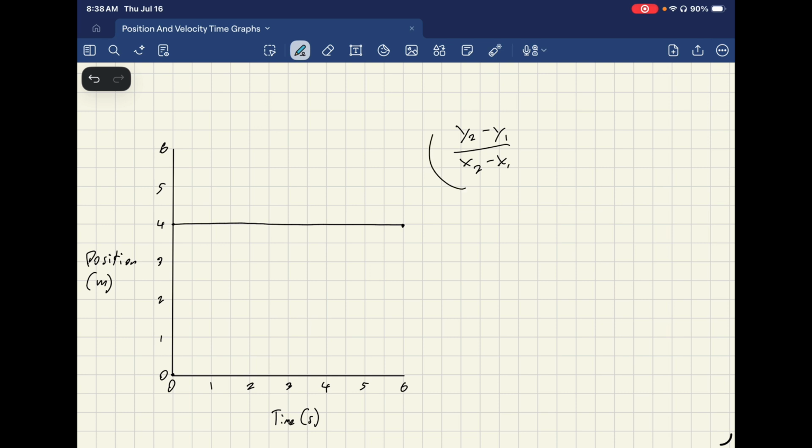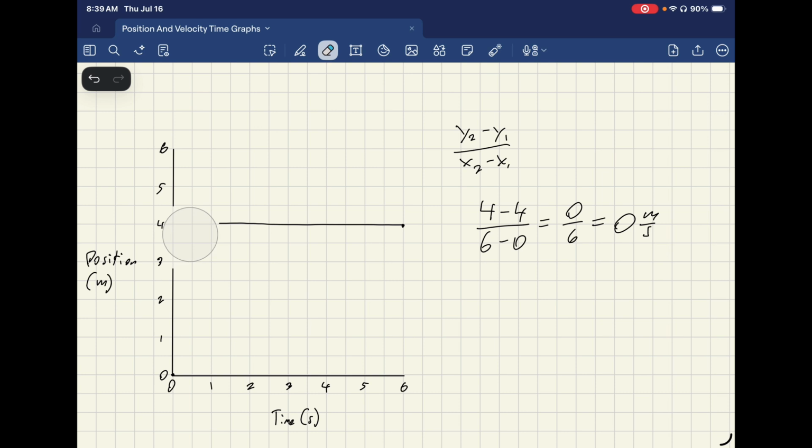In this case, using this equation yields 4 minus 4, which is just 0, over 6. And so the velocity is 0 meters per second. In other words, it doesn't move over this whole graph.